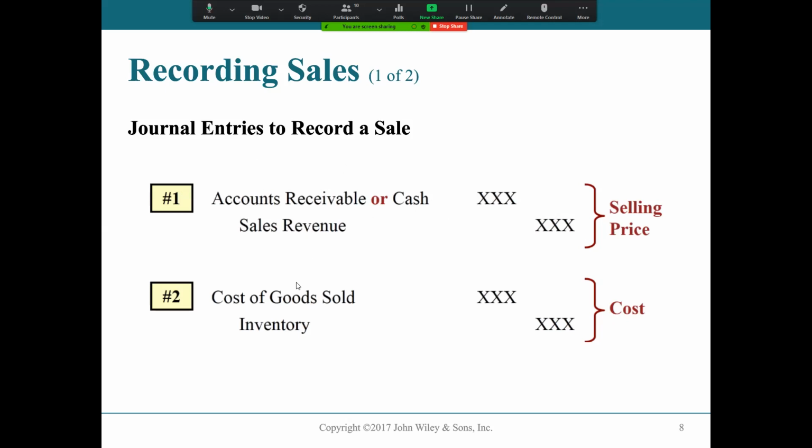The second entry recognizes that we are removing these items from inventory, and that's recorded at our cost. A successful merchandiser will always sell things at a price that's higher than their cost, right? Or else they'll go out of business. So the second entry would be a debit to cost of goods sold and a credit to inventory.